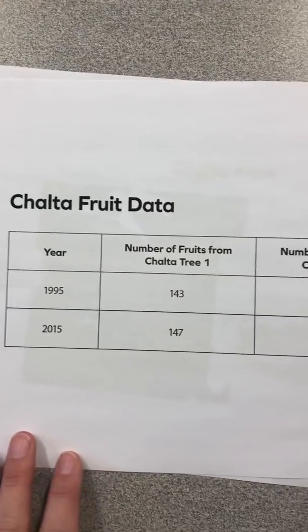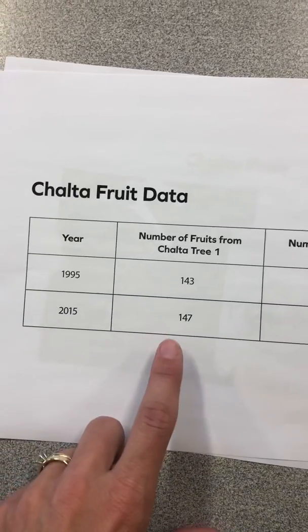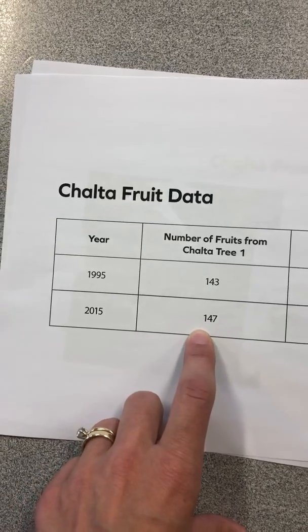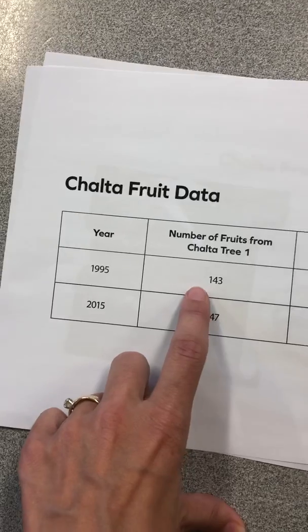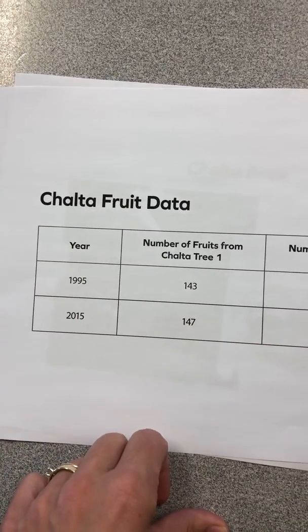And we looked at the data and we noticed that there were 147 fruits created from the chalta tree number 1 in 2015 and only 143 chalta fruits in 1995.